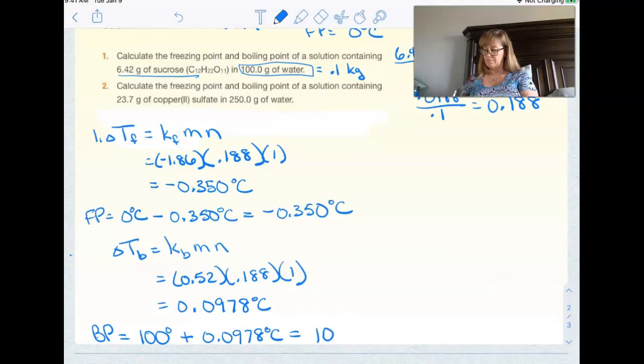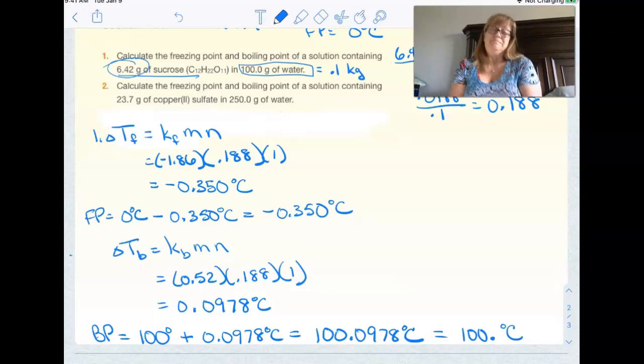So this becomes this. Well, if we adjust for significant digits, notice we've got to go to 3 significant digits because of our original problem. 3 significant digits is still going to be 100 degrees Celsius.